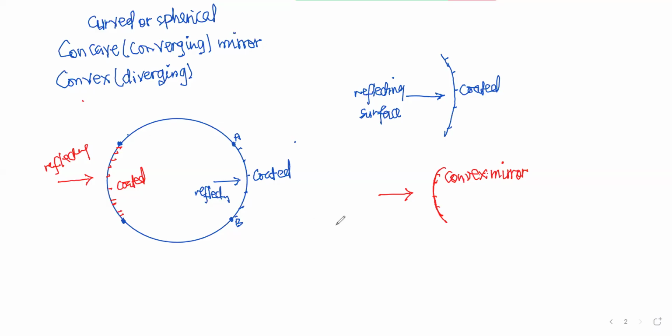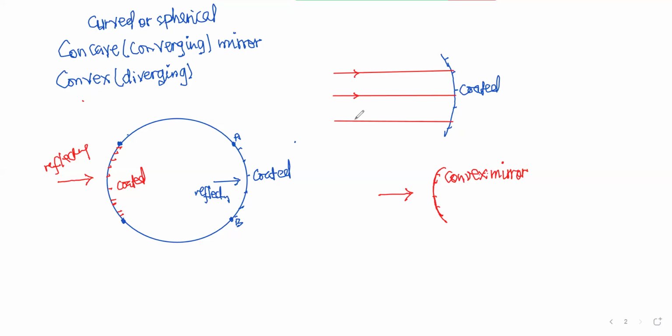Now the question is, why do we call concave mirrors converging? And why do we call convex divergent? We call them convergent and divergent respectively due to the fact that for concave, when we incident a parallel beam of light, numerous rays of light, 1, 2, 3. Mirrors generally reflect light.